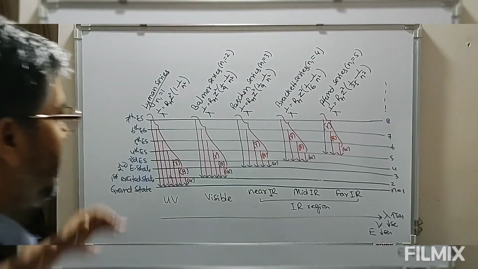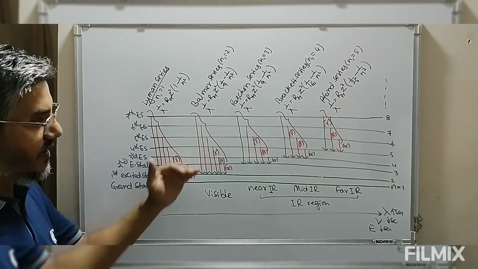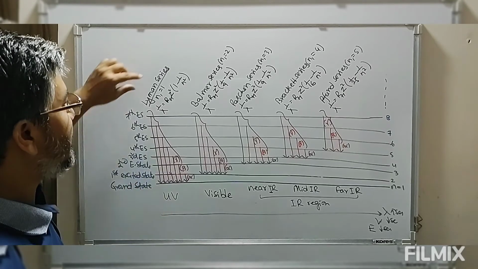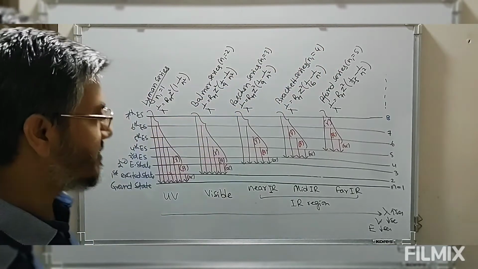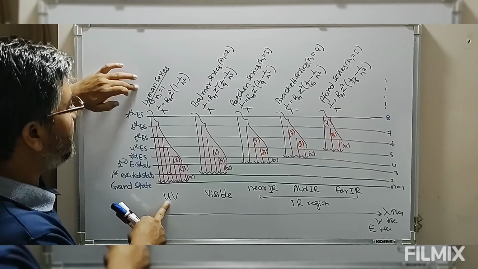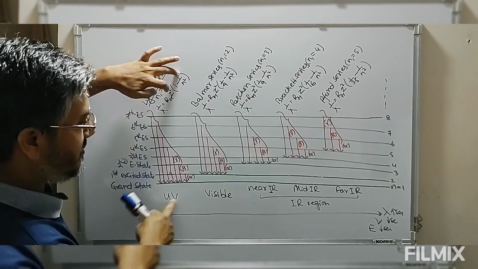Okay, this is the diagrammatic representation of the spectral series that we have discussed so far. So we have the 5 series: Lyman series, Balmer series, Paschen series, Brackett series and Pfund series. Lyman series, ultraviolet radiation, final N1 is 1, so we have this Rydberg equation.